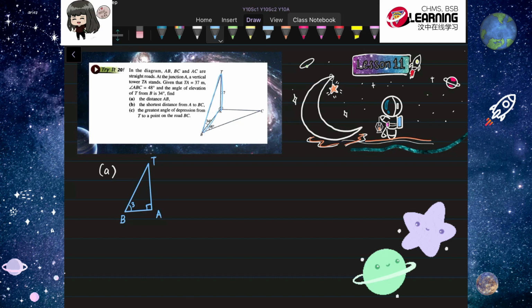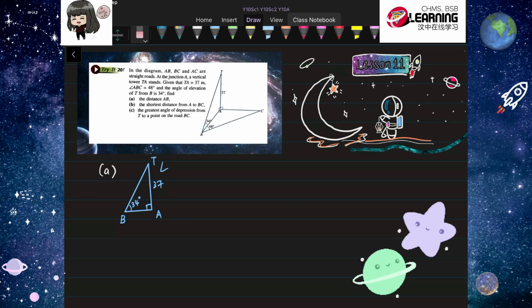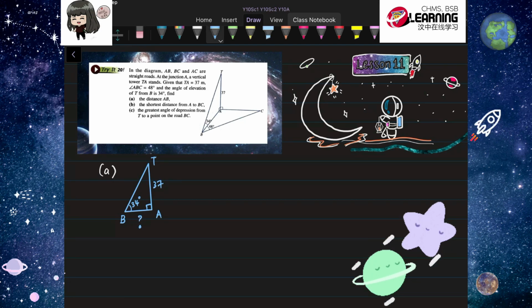It's a 34 degree, and here is 37. Basically, I drew this out to show you the side view, if you are looking from this way. So now we're going to find AB.